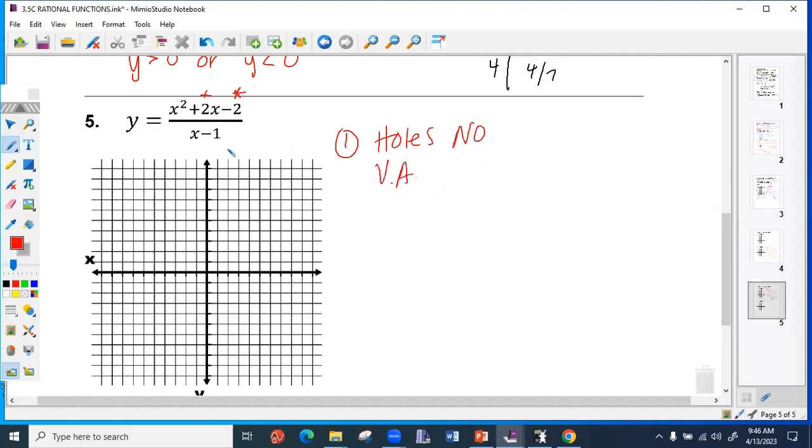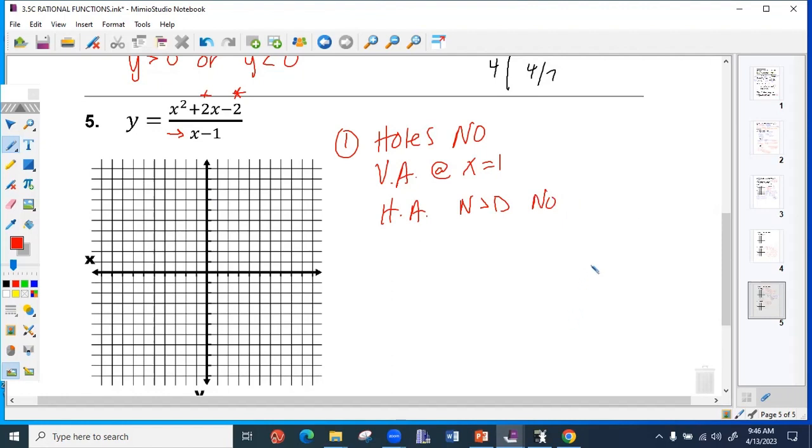My vertical asymptote depends on my denominator, so it's at x equals 1. My horizontal asymptote depends on the degrees of my numerator and denominator. The numerator is greater than the denominator, so that means there is no horizontal asymptote.